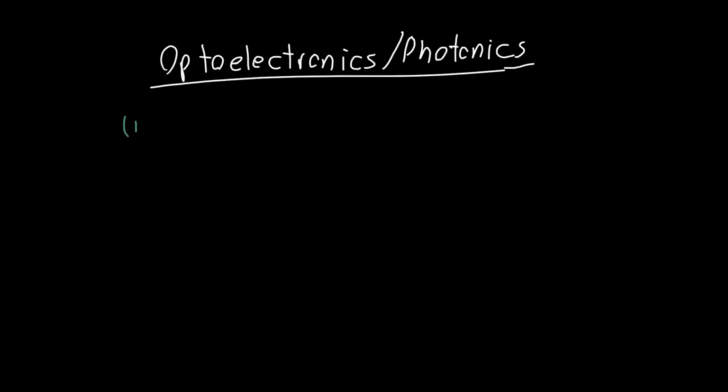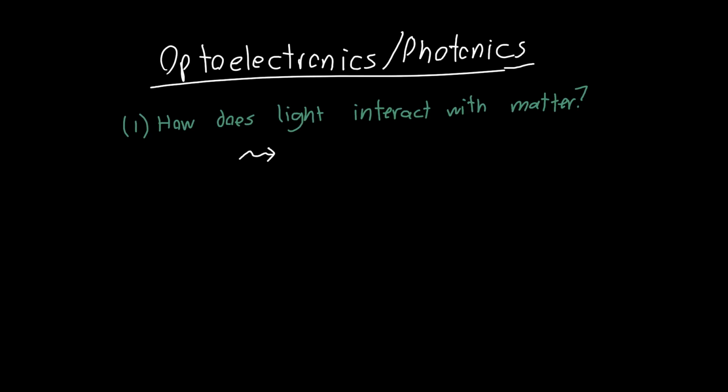Well, the core questions are, first, how does light interact with matter? From our everyday experience, we know that if you send a beam of light at some material, some of it is going to get absorbed.